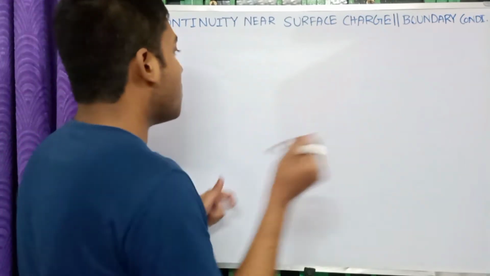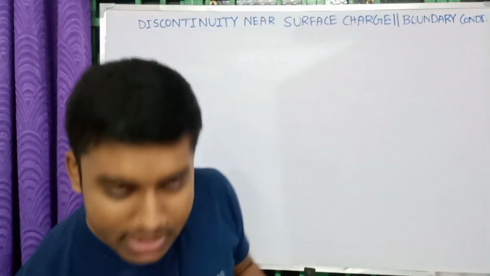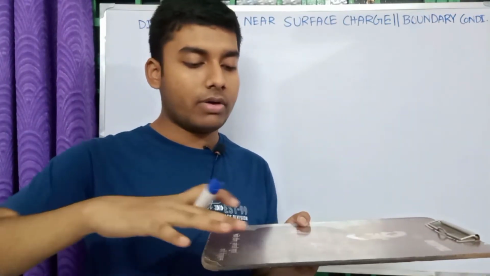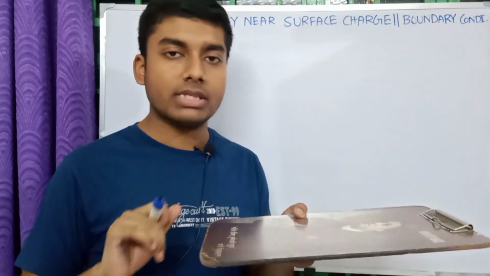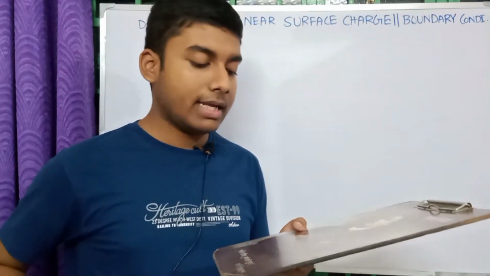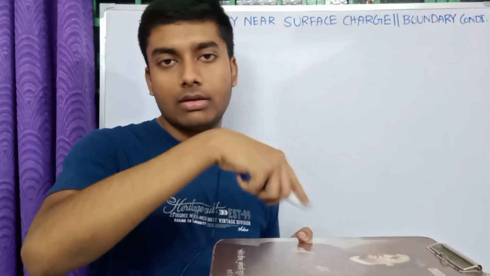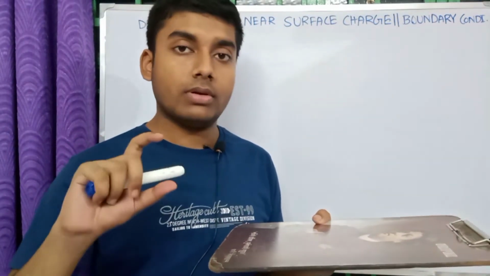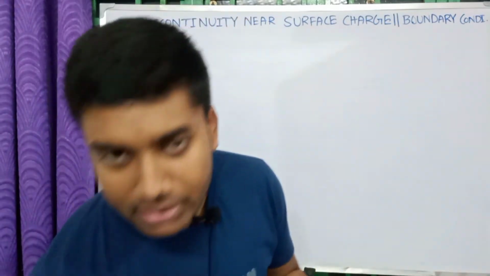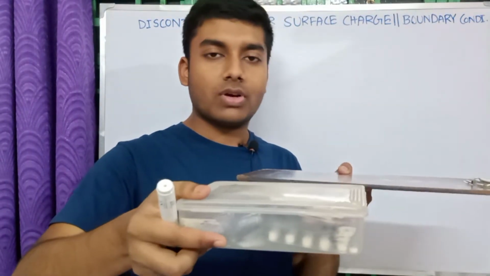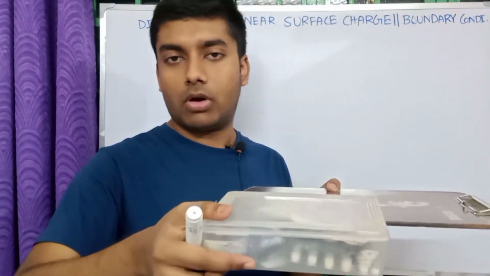Suppose we have a surface of charge density sigma. Like this, we have this surface, and to calculate the electric field in the upper region and in the lower region, we have a method. Suppose in this surface we are considering a Gaussian pillbox.